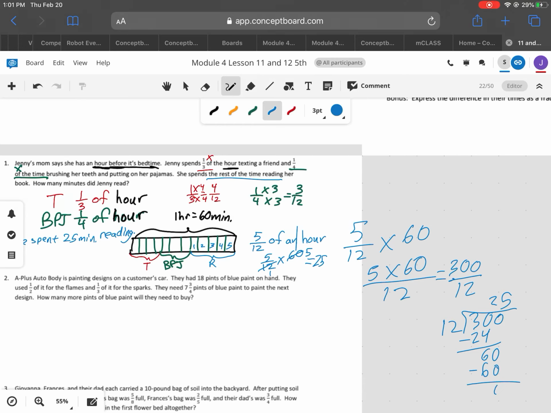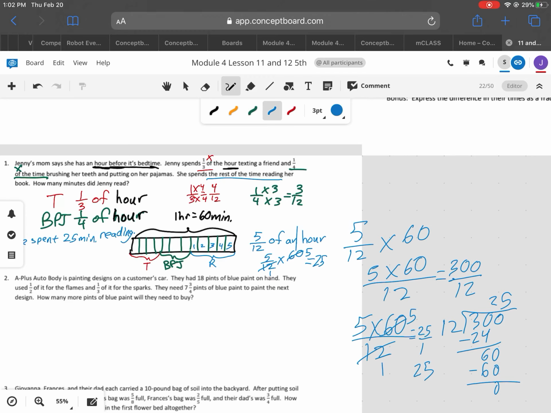Gives me 60 left over, which is 5. So there's my 25 minutes. All right, I like the way I do it, where you can do the 5 times 60, and you know the relationship, 1 time here and 5 times here. So then we have 25 over 1, which is the same as 25. All right, so that's how I figured it out.